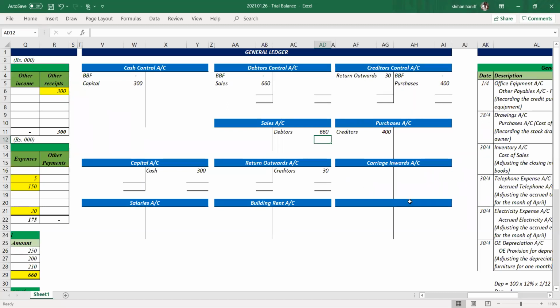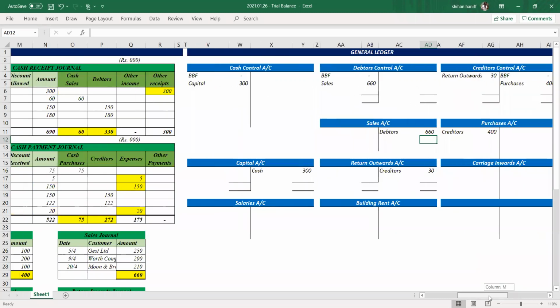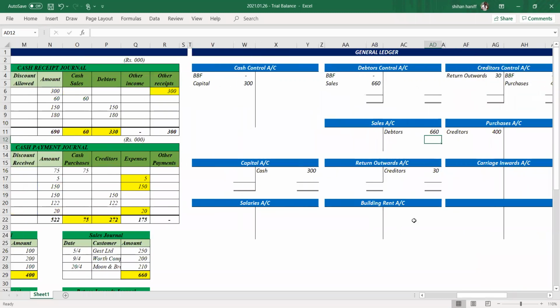Okay, now we will check the other balances in the cash receipt journal. We put the capital, then we have cash received from debtors: cash account debit 330, debtors control account credit 330.